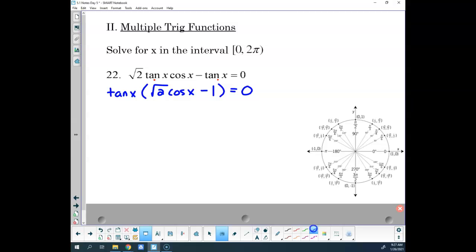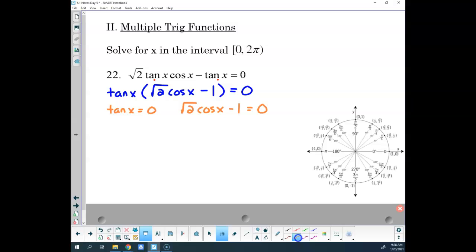Once I've factored and can't factor anymore, then algebraically we would set each of our factors equal to 0. So we can say the tangent of x is equal to 0, and the square root of 2 cosine of x minus 1 is equal to 0.